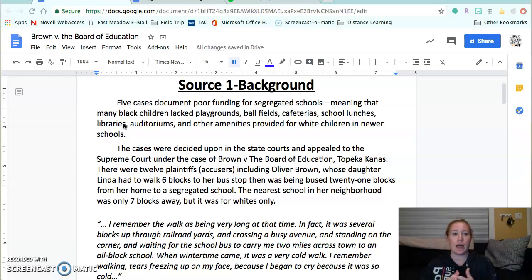That's the idea that it's okay to segregate or separate based on race as long as you're providing equal facilities and equal services for both racial groups. But we know that's not happening. African Americans are getting poorer facilities, they're being treated poorly, and they're not getting the same level of service or buildings or treatment as whites are.